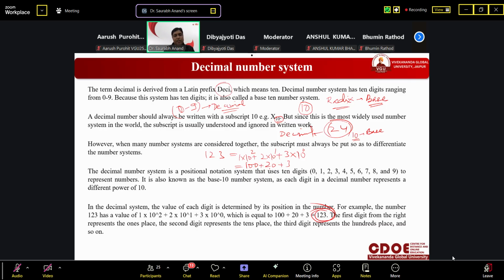Clear? You have already studied this. This is a decimal number. This will be used in the conversion process, so you remember this process. Whenever we convert decimal to binary or binary to decimal, this will be used in one of the processes, which I'll tell you in the next session, because the next session is the conversion process.